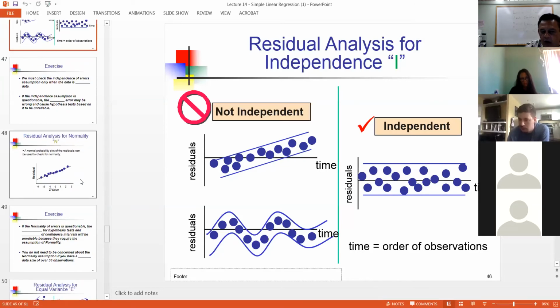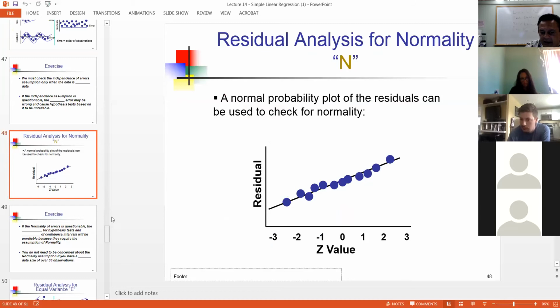So for our normality, we can look at a normal probability plot. I like skewness and kurtosis, right? But we can look at a normal probability plot as well, or we can look at box and whiskers.